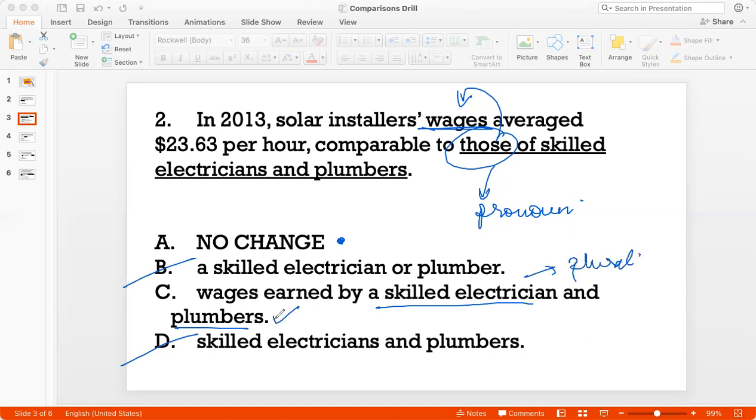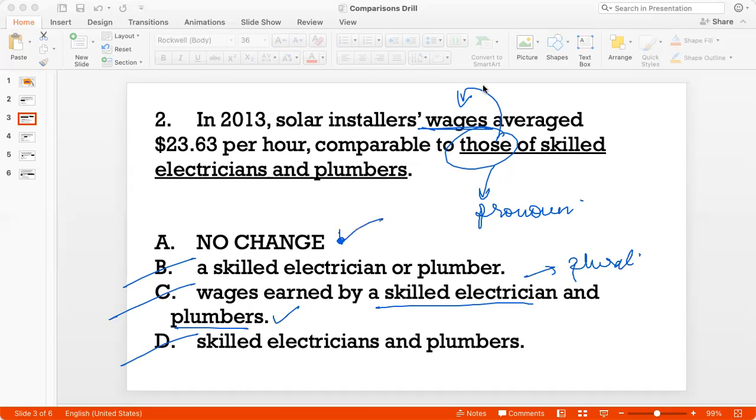So plumbers is already in plural, but a skilled electrician is not in plural because I'm talking about a group, wages, right? The wages of a professional group. So I'm comparing the wages of solar installers with the wages of skilled electricians and plumbers. So because of this mismatch, this is not the best answer. And so the best, the concise, the correct answer is option A.